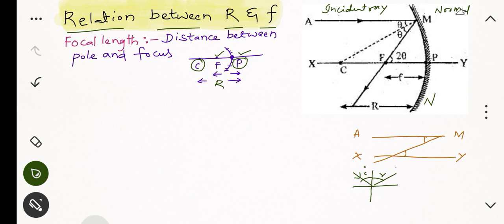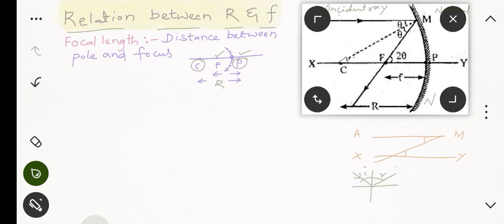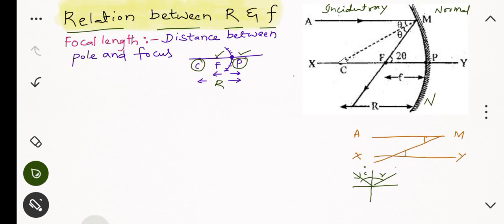Whenever we draw a normal to a curved surface, it will pass through its center. Here the center is called the center of curvature of the mirror. We always take the angle of incidence with the normal, that is, the angle made by the incident ray and the normal is called the angle of incidence.